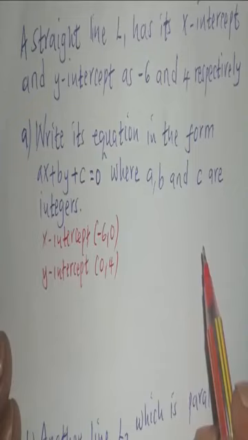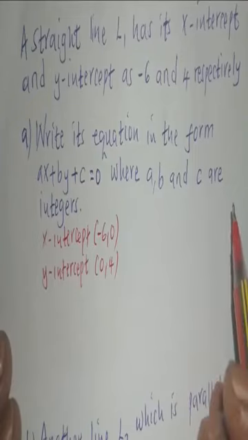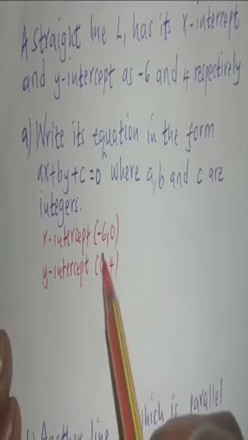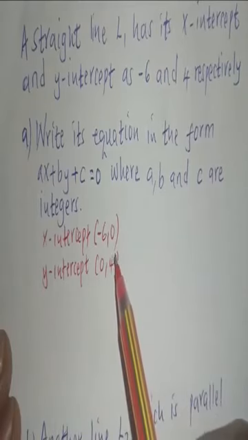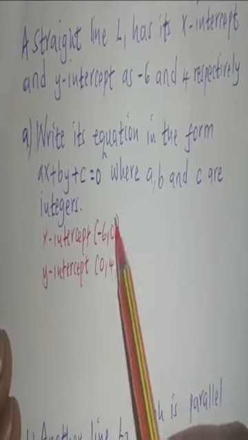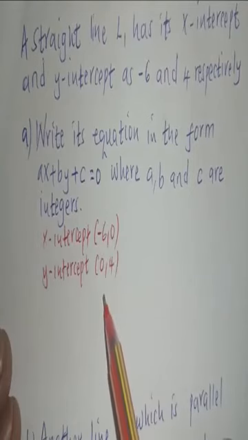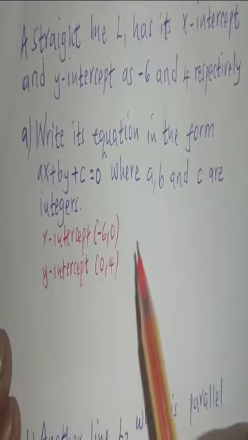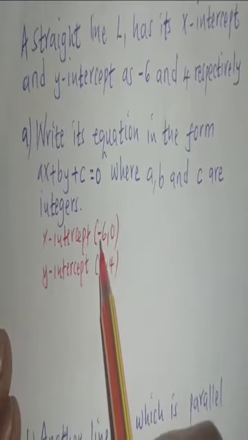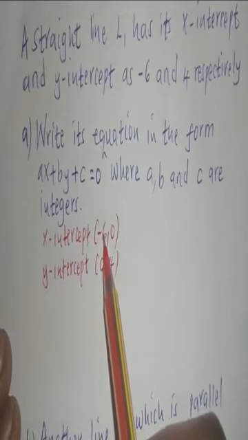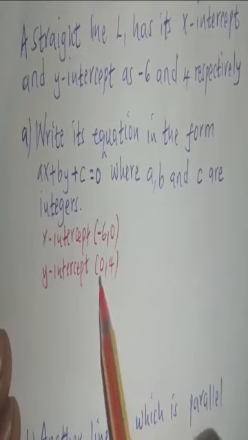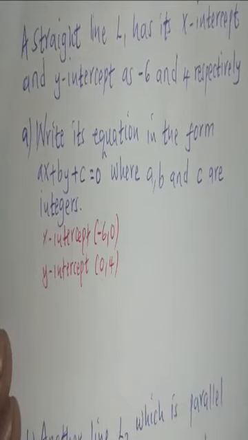So first of all, we get the gradient of that line. Given the 2 points, we decide to use the x-intercept as x1, y1, then the y-intercept as x2, y2.